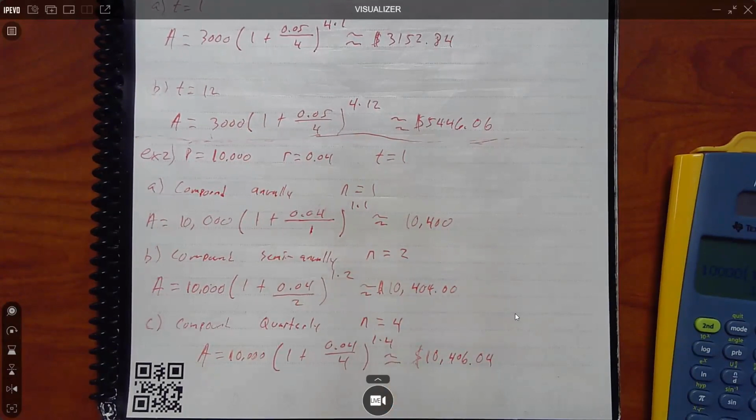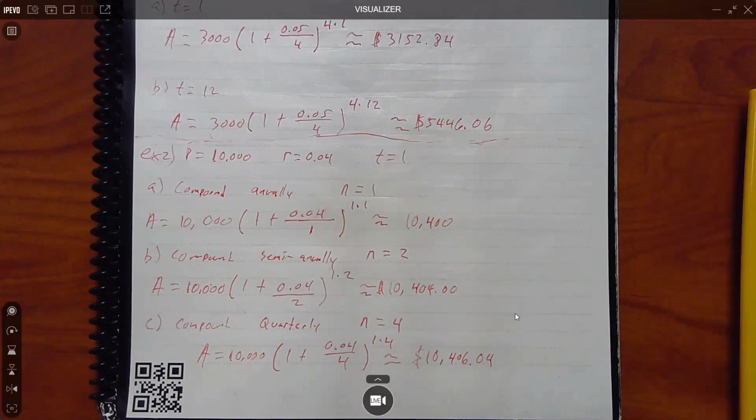Any questions on these first two examples? And what was the monthly one? Monthly, be part B. What to do on the next page. So just change the 4 to 12.